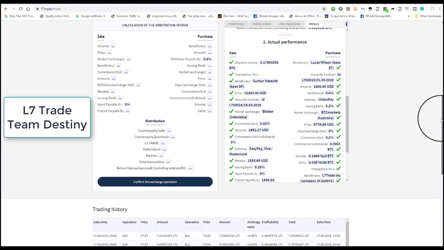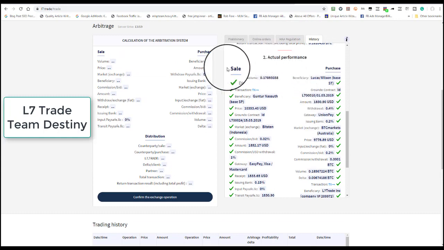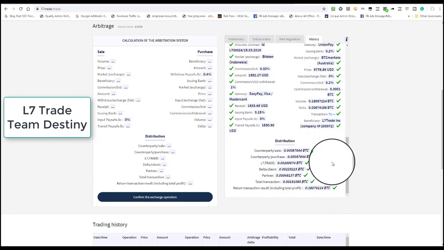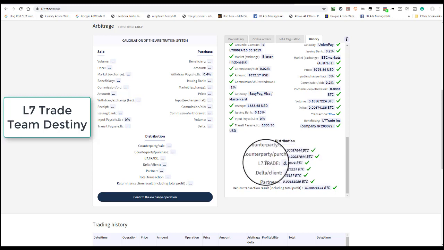Now, where else was money distributed? That's what the rest of this data is that's here. So from a distribution standpoint, you've got the counterparty sale numbers, purchase numbers. These are the amounts that were bought and sold on the trade itself. And then you've got how the money was distributed to the various people who get profits distributed.